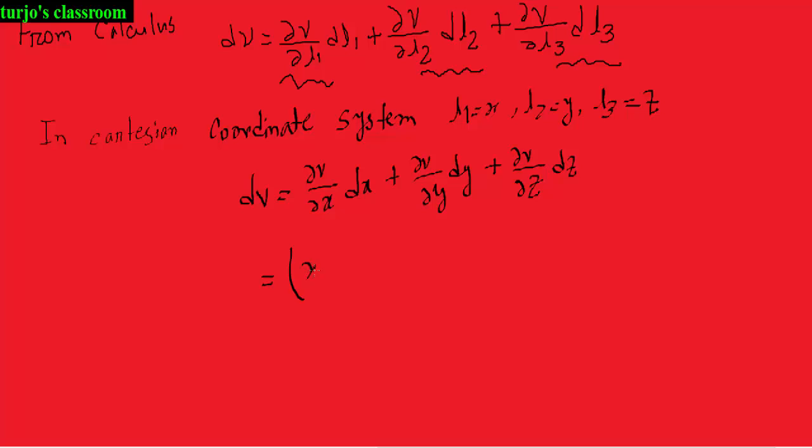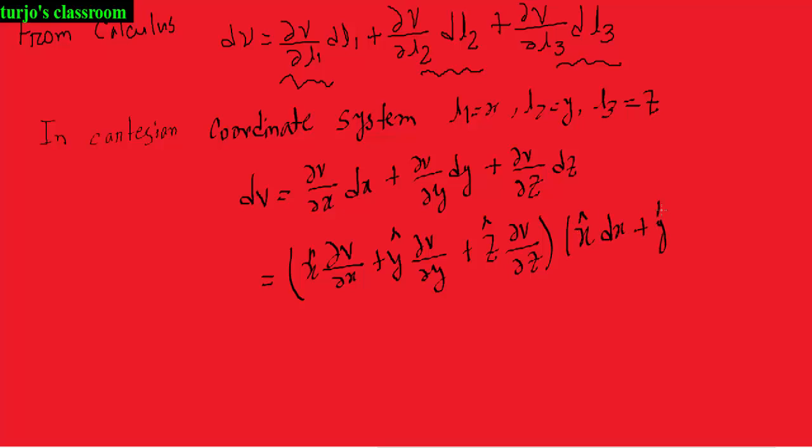From the idea of dot product we can write this expression just like this. Here x cap, y cap and z cap are the three unit vectors acting along the three axes of a Cartesian coordinate system, and cap x dx plus cap y dy plus cap z dz is the differential length in Cartesian coordinate system.